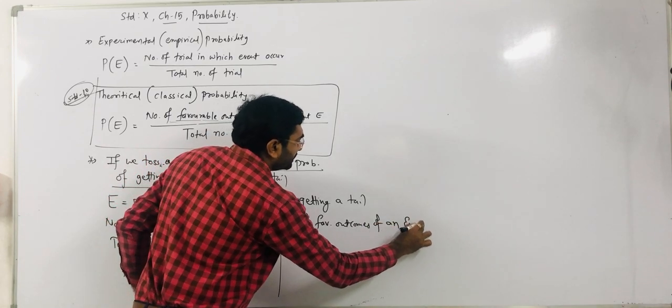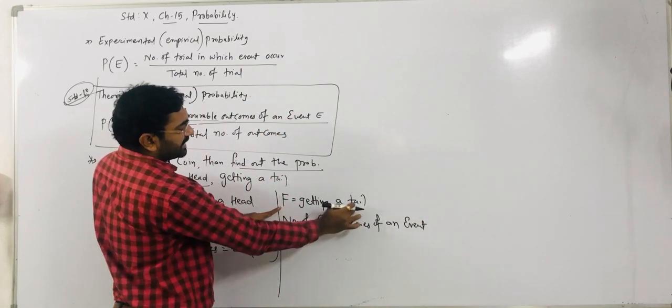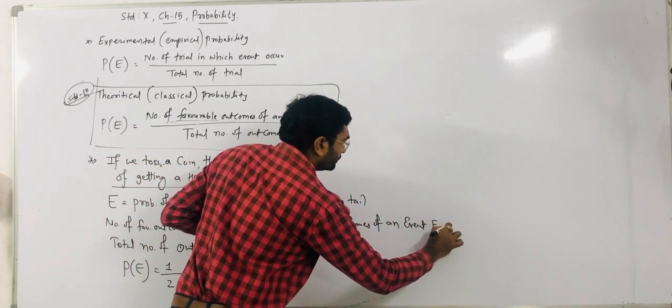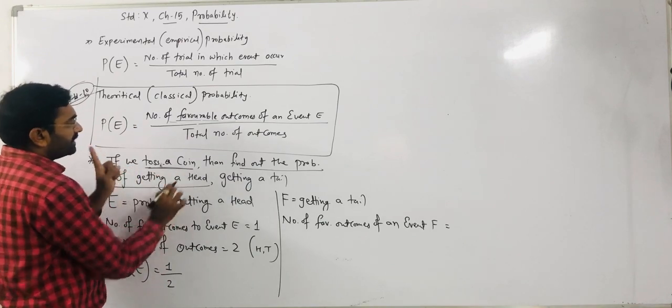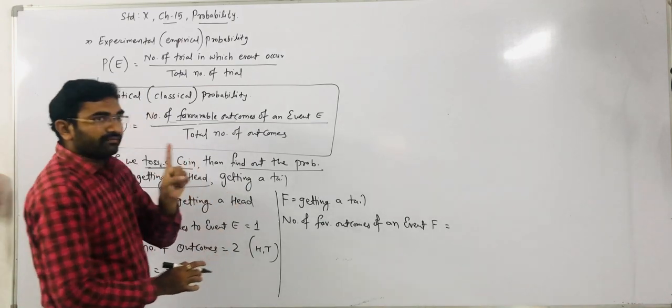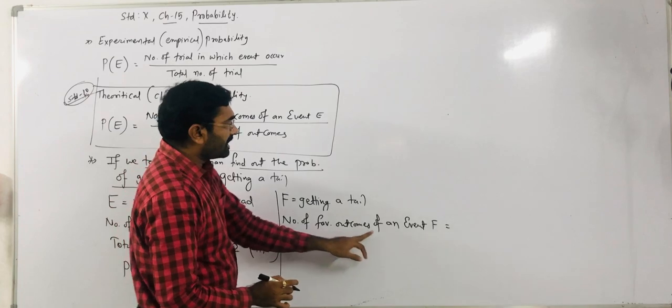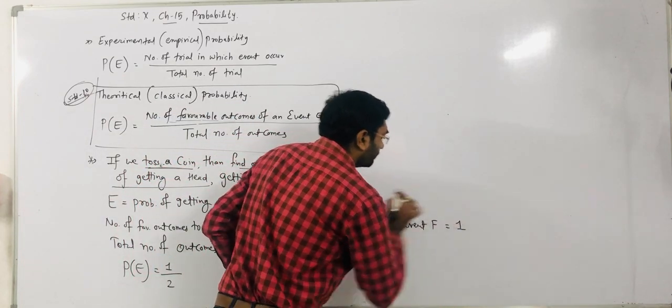Which event? Event F, getting a tail. How many favorable outcomes? We toss a coin only one time, so we get a tail only one time. So the number of favorable outcomes is again 1.